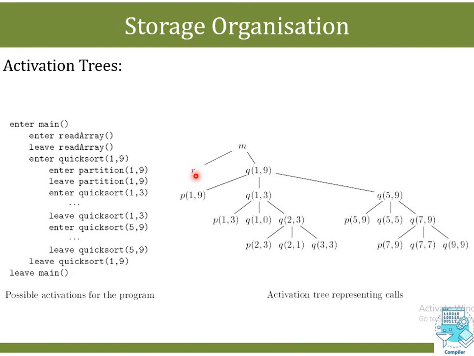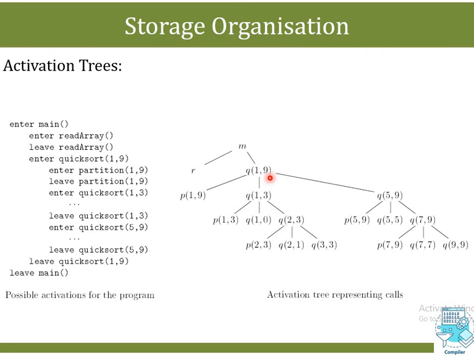Once after completing it, we go for quick sort of 1 comma 9. For that, you partition 1 comma 9. Once after partitioning, you go for quick sort of 1 comma 3, which in turn partitions again and performs quick sort. So this will happen recursively.